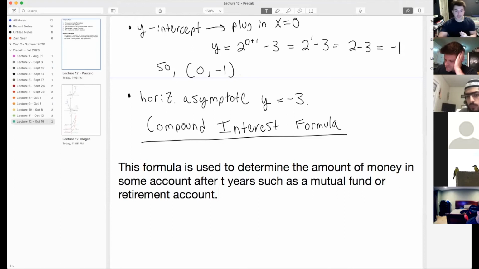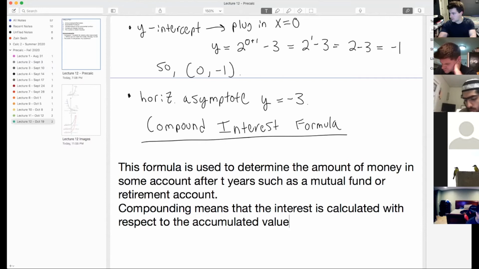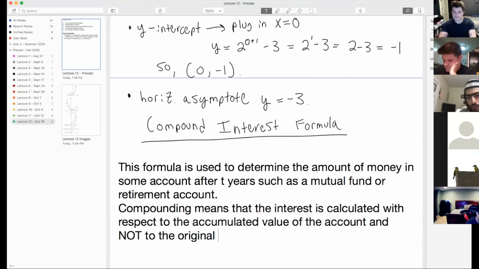Now, what does the word compound mean? Compounding means that the interest is calculated with respect to the accumulated value of the account and not to the original amount.